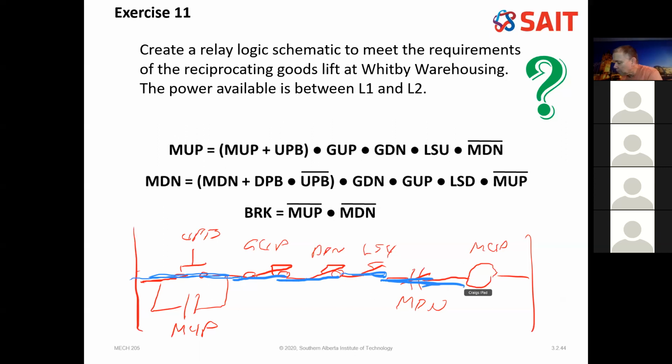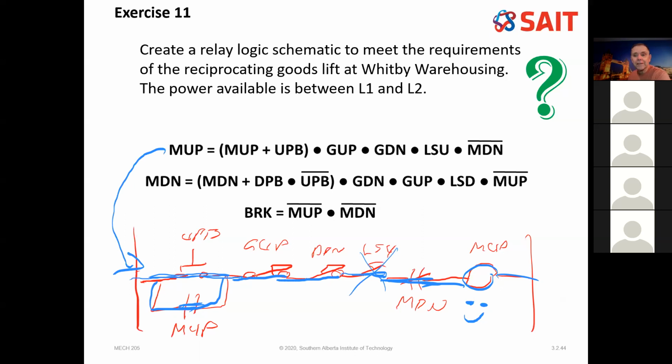So that's going to make my motor up come on. And once the motor up comes on, this is going to close, and I have a shunt around the up push button, and it's going to keep going up until the limit switch upper opens and kills the whole thing.